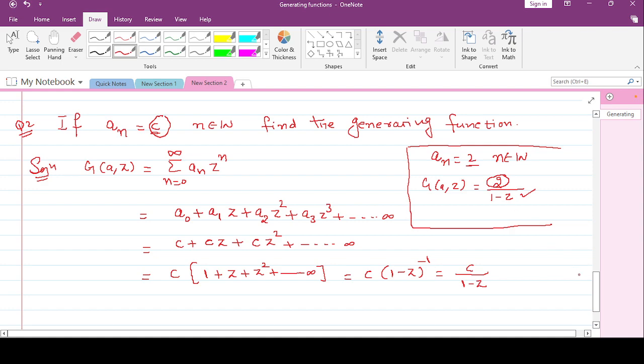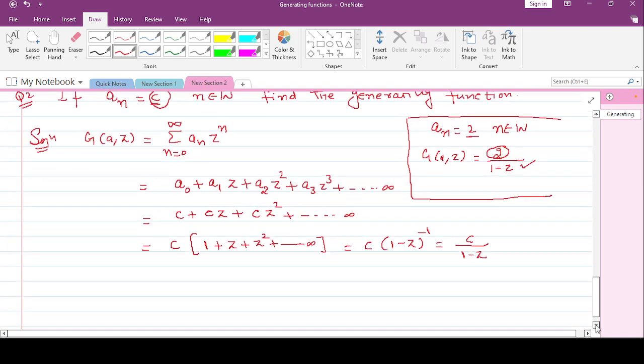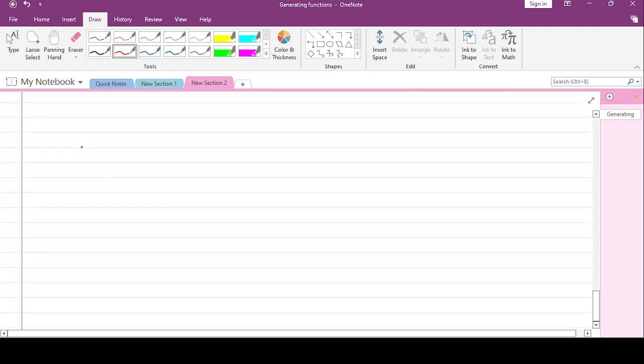Now we solve the next problem. The next problem is this: suppose that we have a sequence of the form alpha raised to the power n, where n belongs to whole numbers. Find the generating function.